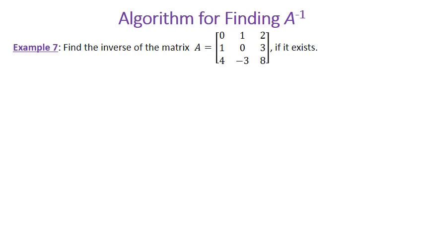Okay, so here I'm asked to find the inverse of this given matrix. Now, if I'm looking at this, I need to multiply matrix A by an inverse to get an identity matrix. And that gets kind of confusing.